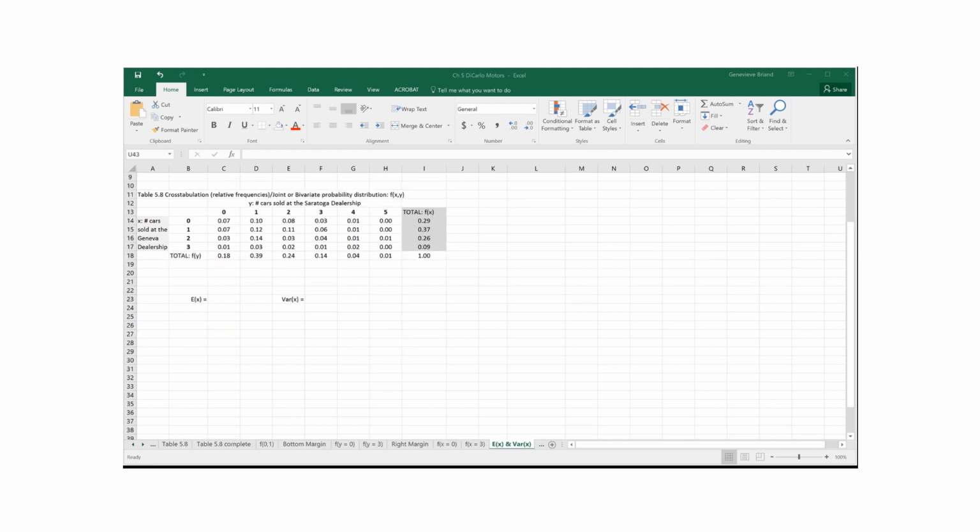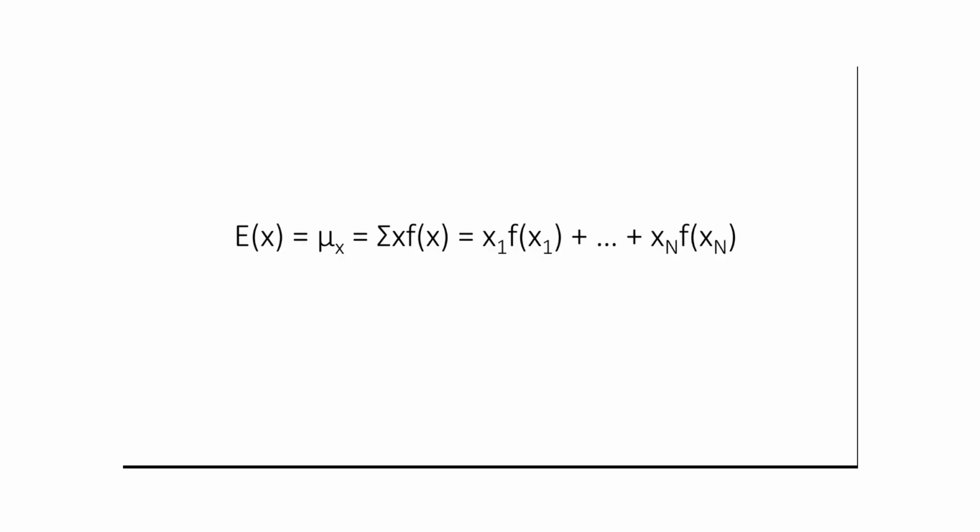Because we have a variable x relative frequency distribution, we can easily compute the expected value and the variance for x. The expected value of a discrete random variable x is a weighted average of the values of the random variable, where the weights are the probability of occurrence of each value.